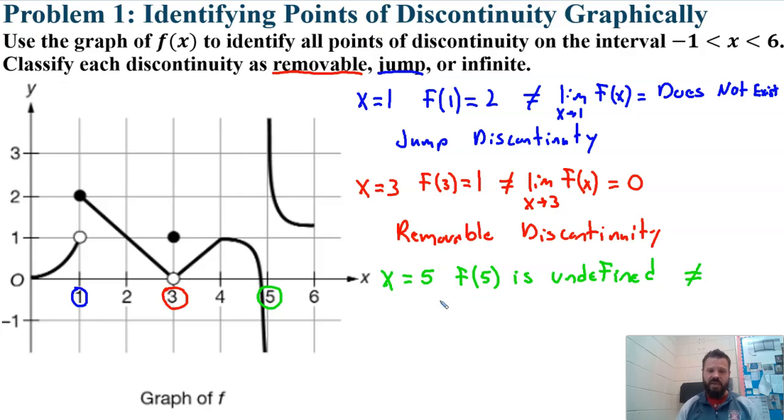Which is not the same thing as the limit as x goes towards 5 of f of x, which, since it's going down coming at it from the left and going up coming at it from the right, with different left and right-handed limits, we'd say does not exist. Okay, and don't mistake it: undefined does not mean does not exist. Those are not equal to each other. Completely different issues happening here. As far as what type of discontinuity we're dealing with, that is an infinite discontinuity.